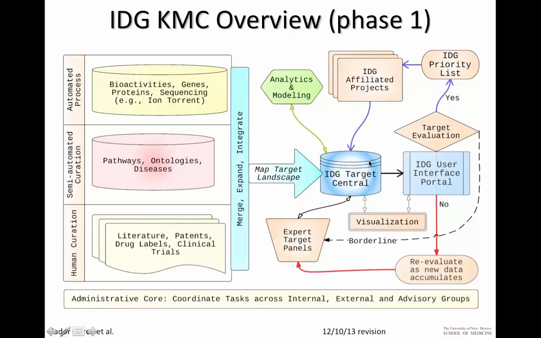NIH NCATS is developing a user interface portal to help with mining the system for the outside world. And the way we envision this, we also have expert target panels. So, for example, Brian Roth from the University of North Carolina will lead the GPCR target panel, and then Michael Vith from Lilly will lead the kinase panel.